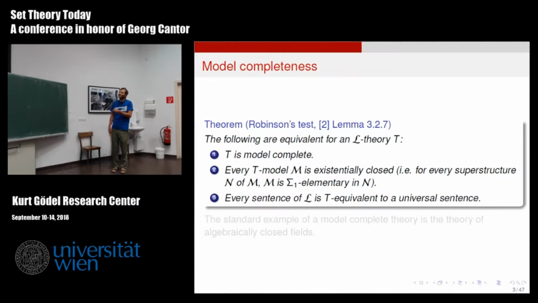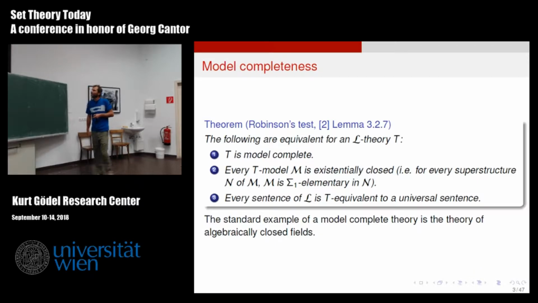So to some extent, ZFC plus a bounded forcing axiom suggests that the theory of H omega 2 is model complete. Okay. And the key example which I think drives this definition is the notion of algebraically closed field. Well, it has quantifier elimination, so it clearly is model complete. Okay.